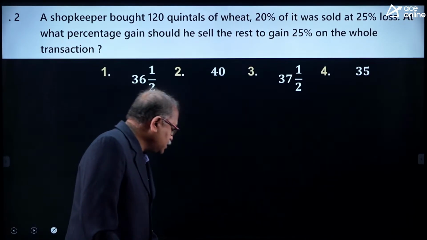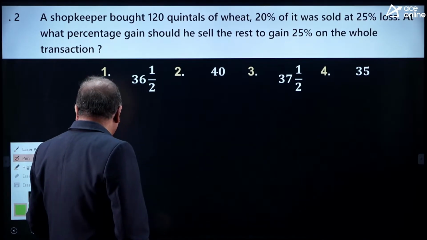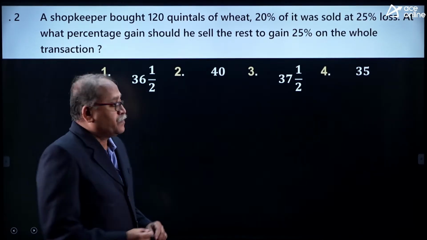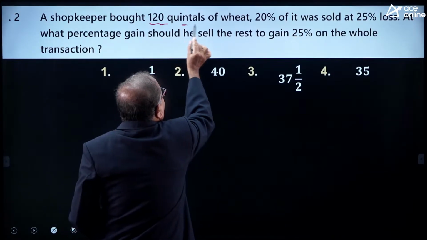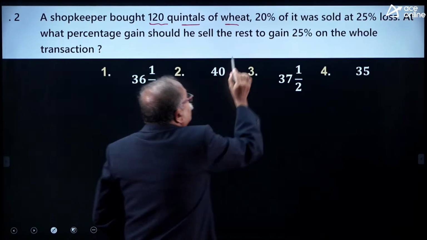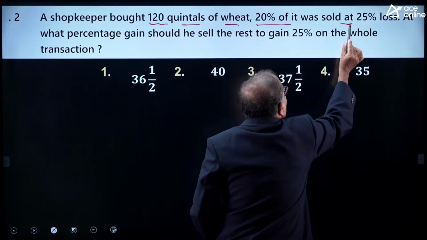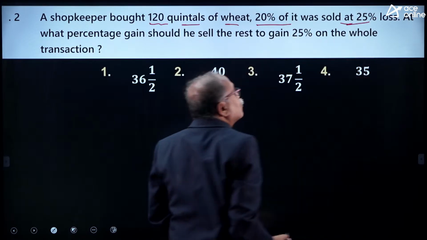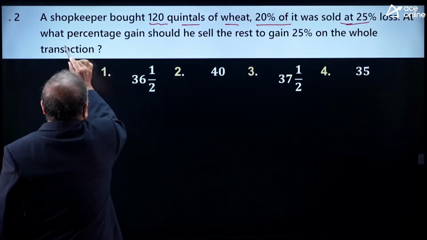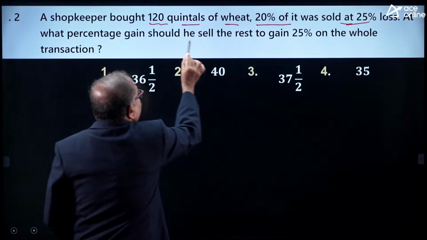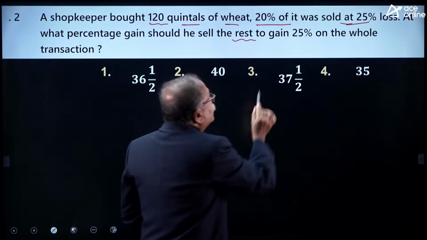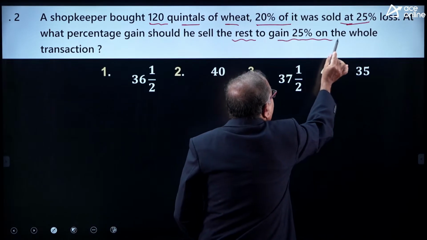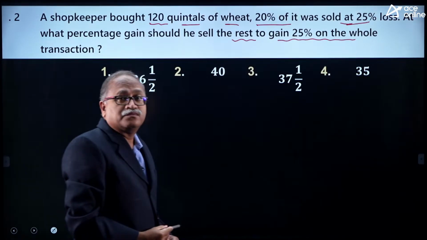And this is the next question. Allow me to read it out. A shopkeeper bought 120 quintal of wheat. 20% of it was sold at 25% loss, and at what percentage gain should he sell the remaining in order to gain 25% on the whole?